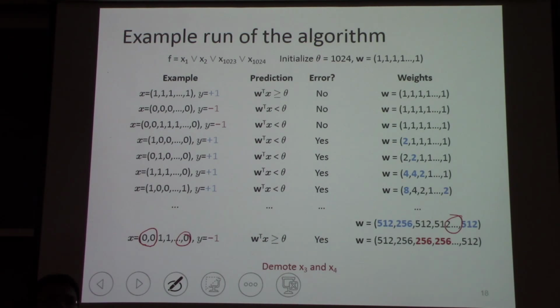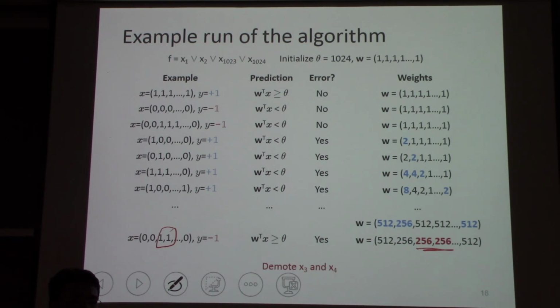Let's just say that for this particular example, the sum of W transpose X is greater than 1024. It predicts positive. So what we need to do is demote all the features that caused this example to be positive, in particular all the ones here. So we demote these two by just dividing by 2. Is the mechanics of the algorithm clear before we get into the proof and why it works?